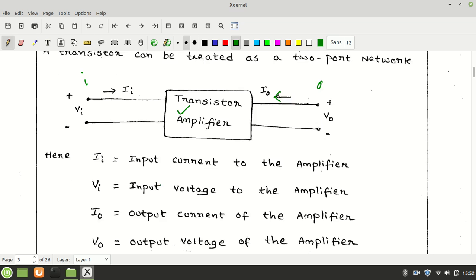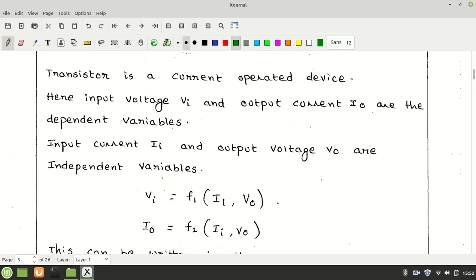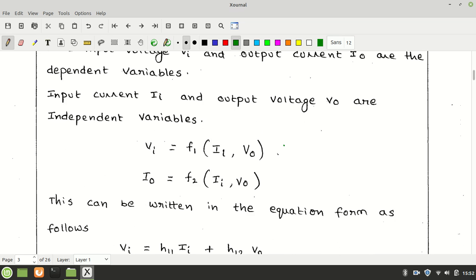Now here we move on to this assumption. That is not an assumption actually, because we have already read about the input characteristic and output characteristic, where in the input characteristic, in the CB mode or CE mode or the CC mode, you always plot the input voltage versus input current, keeping output voltage constant.